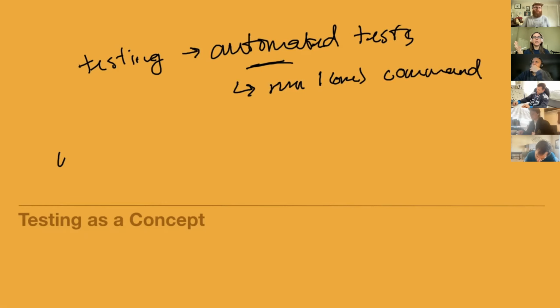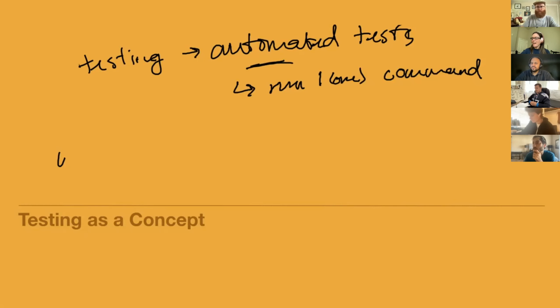I run one command and all those steps that I would need to go through to recreate a process, all of those things are just kicked off. At the end of running that command, I get some feedback as to whether or not that thing is working. So from here on out, testing is going to refer to this process of creating automated tests, where instead of running each method individually and seeing if it works, I am able to run one command and see my whole class or my whole program working or not.